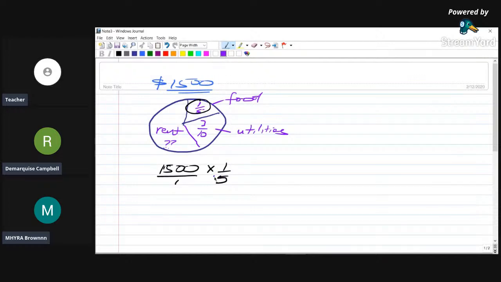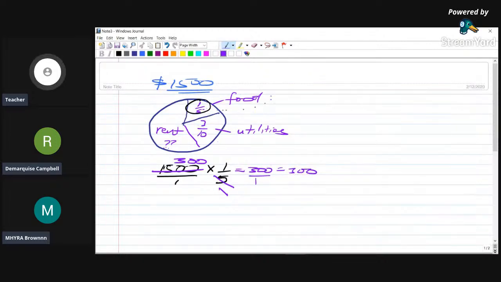So we would say 5 into itself one time and 5 into the 1,500. What would that give us? 300. Very good. This will give us 300 because 5 can go into 15 3 times, 5 into 0, 0, 5 into 0, 0. So it's 300 over 1, which is the same as 300.